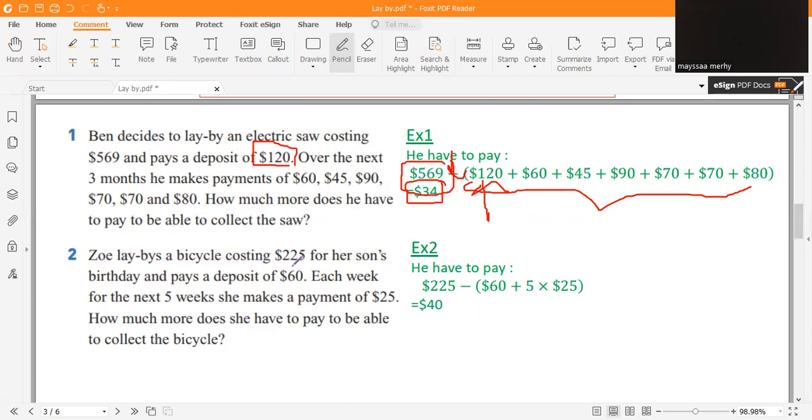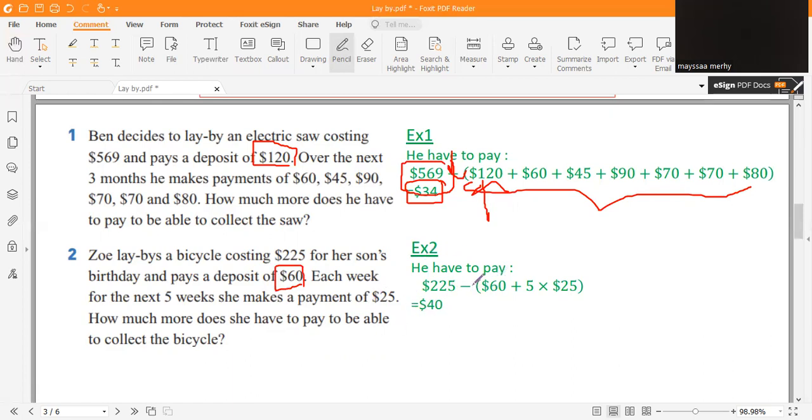Zoe buys a bicycle costing $225 for her son's birthday and pays a deposit of $60. For the next 5 weeks, she makes a payment each week equal to $25. So there are 5 payments, each equal to 25.